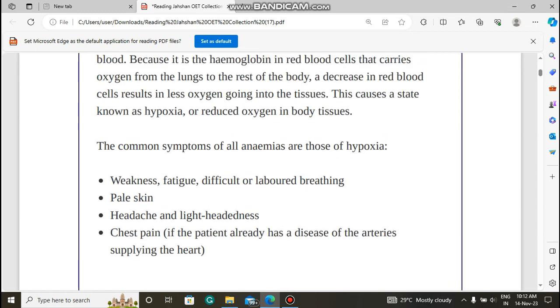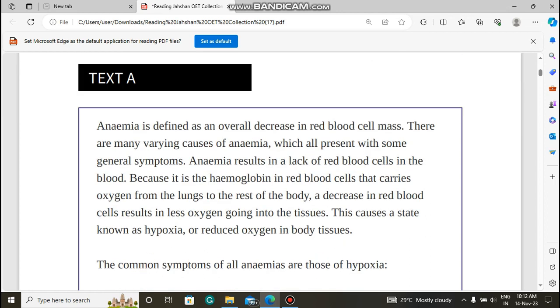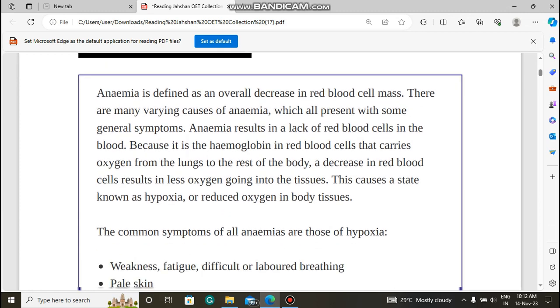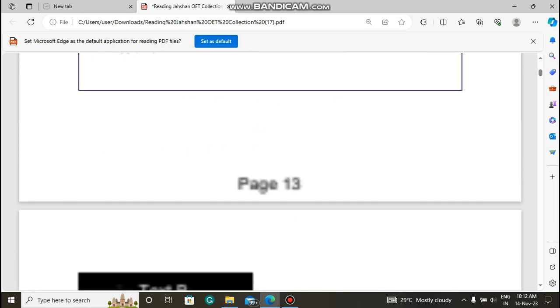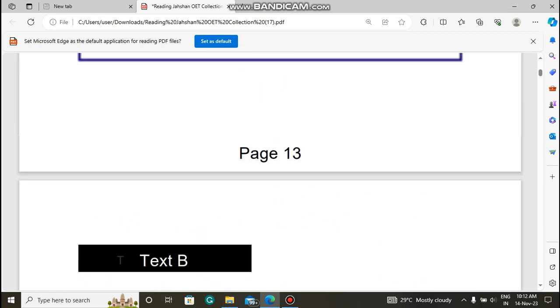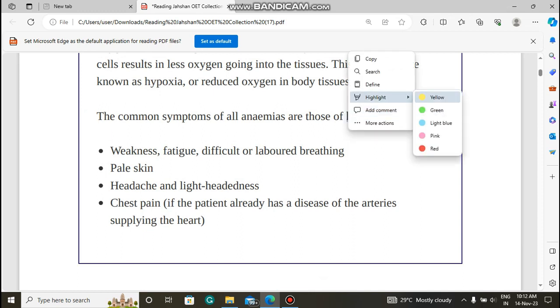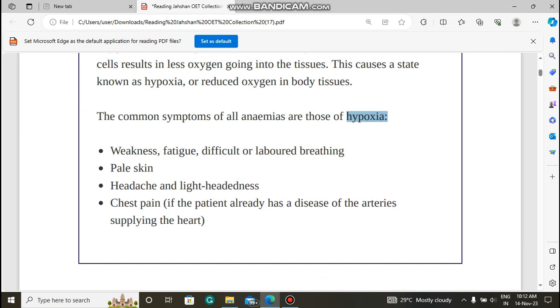Look for the keywords or anything you believe is important. Let's see if we have come across the word hypoxia anywhere in this paragraph. Yes, hypoxia. So the answer is A, because we have come across the word hypoxia in paragraph A.